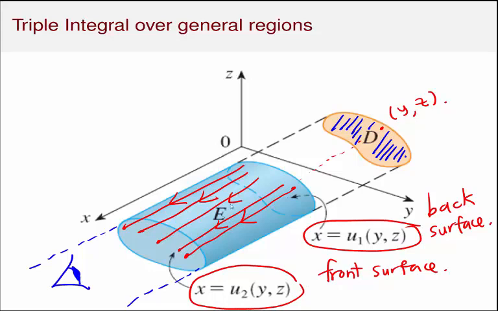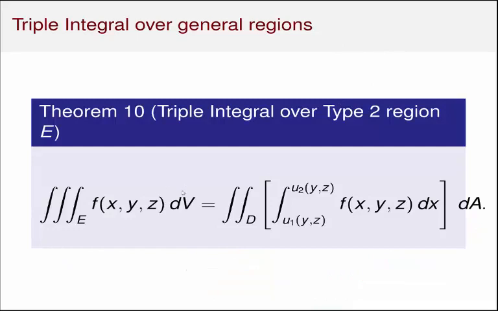So the region E consists of all these horizontal arrows going from the back surface to the front surface. Alright? And this is how we are going to compute a triple integral over a type 2 region.